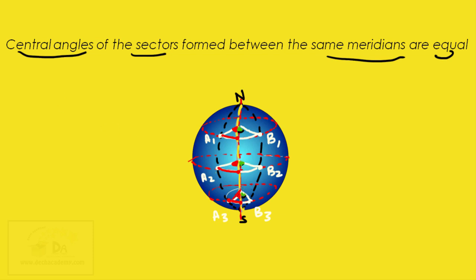I'm just going to make it clearer. So imagine we have a top view of each of these sectors. So this is the first sector, and this is the second one, which is slightly bigger, and this is the third one.